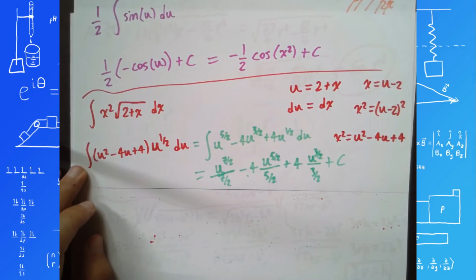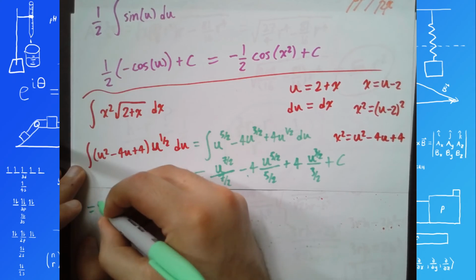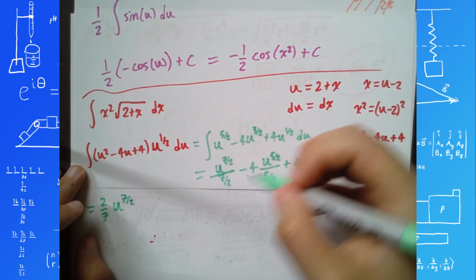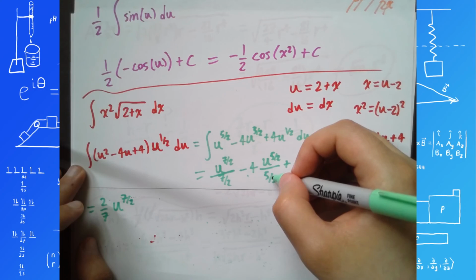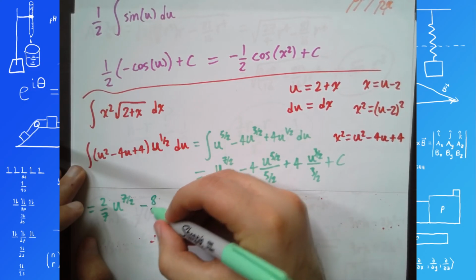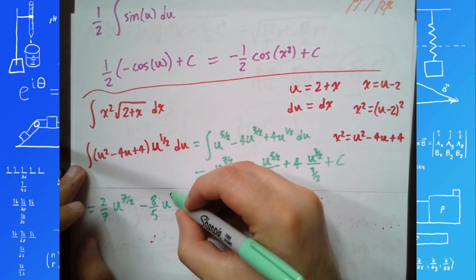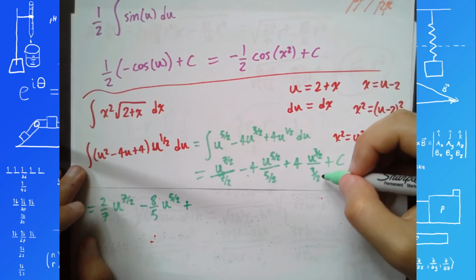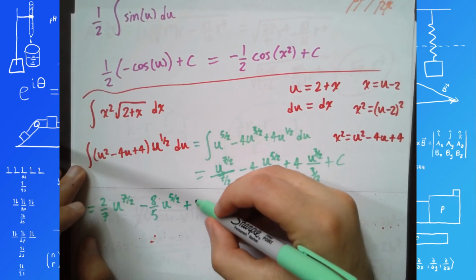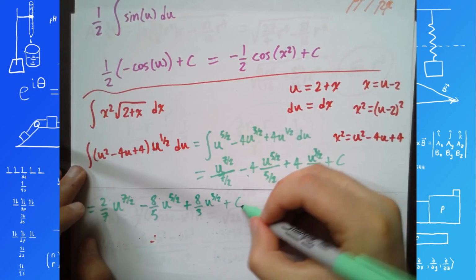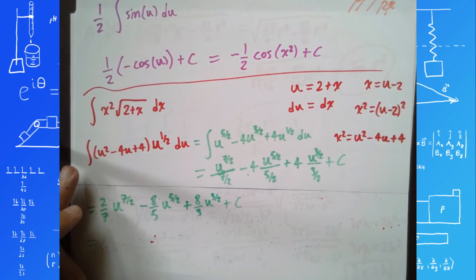If we continue that down here, I'll rewrite that as 2/7 u to the 7/2 minus, let's see, dividing by 5/2 is the same as multiplying by 2/5. 4 times 2/5 is 8/5, so that's minus 8/5 u to the 5/2 plus 4 times, that's going to flip to 2/3, so that's 8/3 u to the 3/2 plus c, and finally rewrite in terms of x.